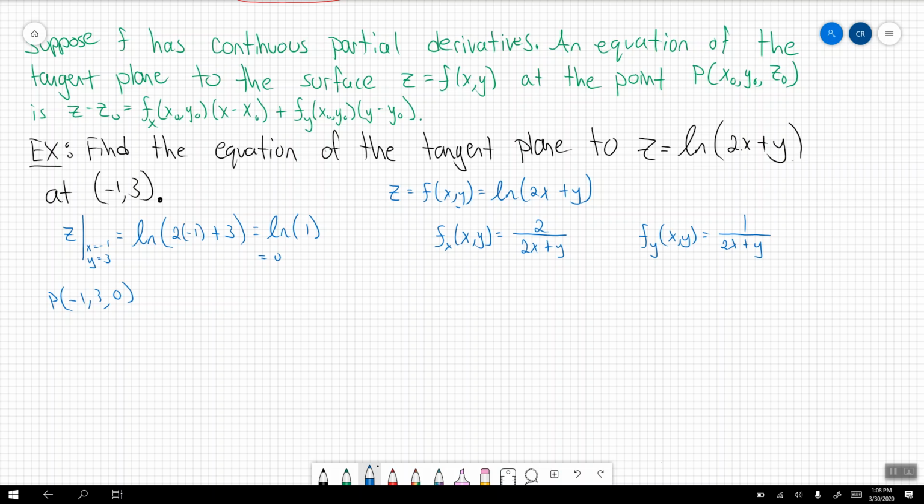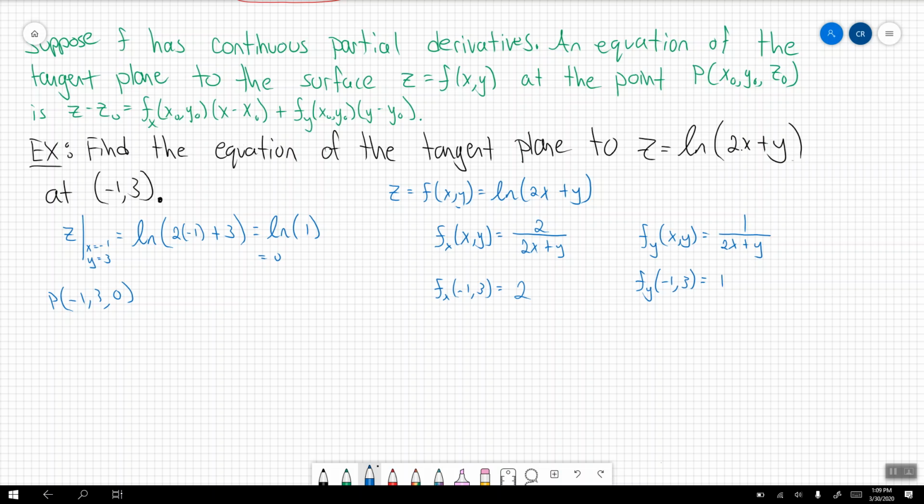Now I want to evaluate the partial derivatives at the given x and y values. I just have to make my substitutions here. The denominator, once I make these substitutions, gets me a 1, so the partial with respect to x will be just 2. The partial derivative with respect to y, evaluated at (-1, 3), again has a denominator of 1, so that just gets me a value of 1.